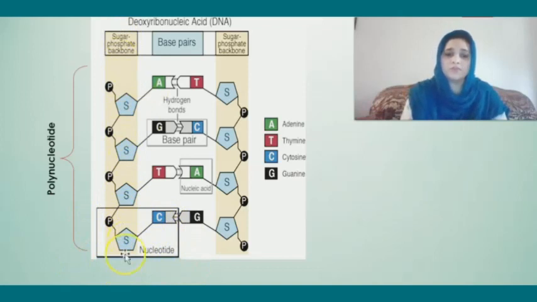So here is one polynucleotide, here is the other one. Both polynucleotide strands run in opposite directions. They are anti-parallel. In between these strands, nitrogenous bases are present and they form pairs. For example, guanine is always present with cytosine, and in between them 3 hydrogen bonds are present, while adenine always pairs with thymine and 2 hydrogen bonds are present.